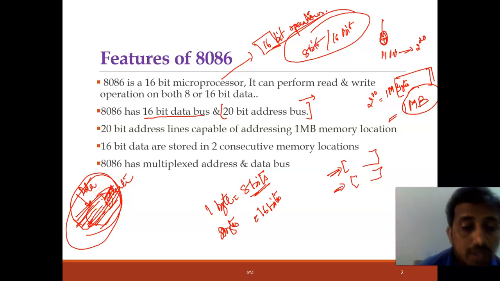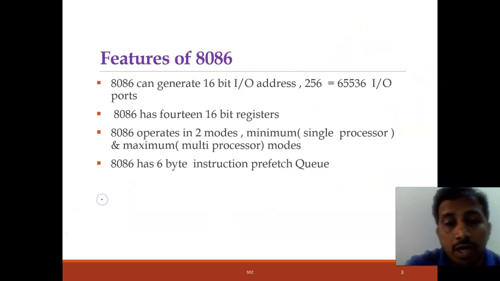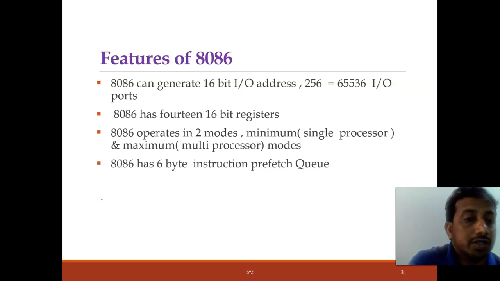Now coming to the next one, the 8086 microprocessor has 16-bit I/O addresses. We will have different segments and all those things, which we will discuss in the coming classes. But remember, 8086 has 16-bit I/O addresses.